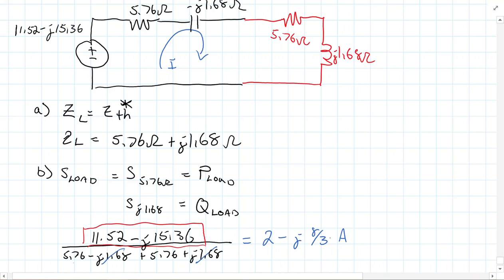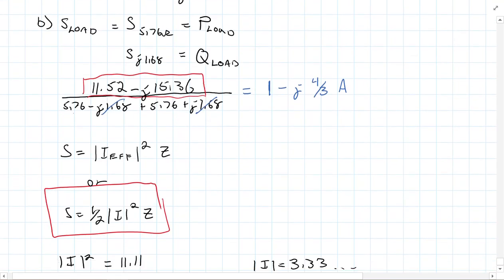So let's just fix this real quickly. That would mean that wouldn't be 2. This would be 1. And this would be 4/3.